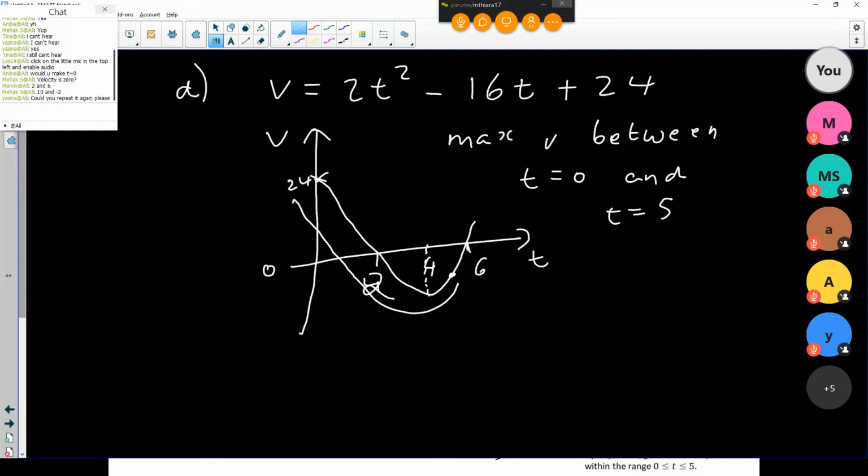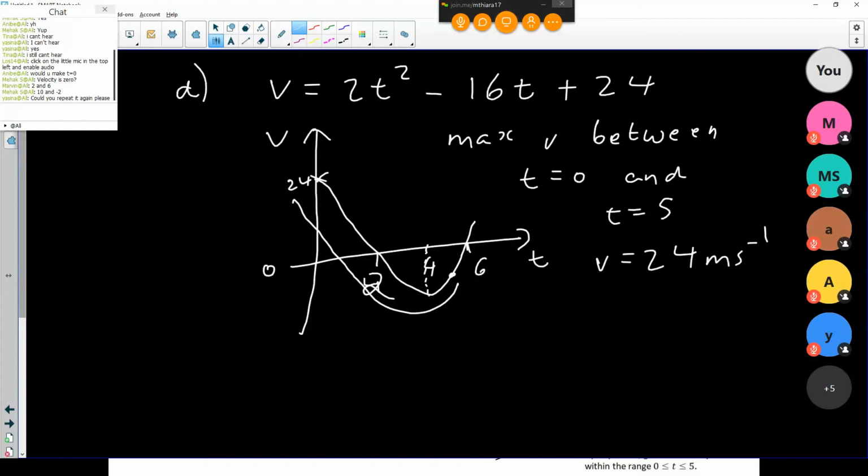Now looking at the graph, I know the maximum v occurs at the point where t equals 0, because that's the highest point on the graph. I essentially need to look for the highest point on the graph, and the highest point between t equals 0 and t equals 5 is v equals 24 meters per second.